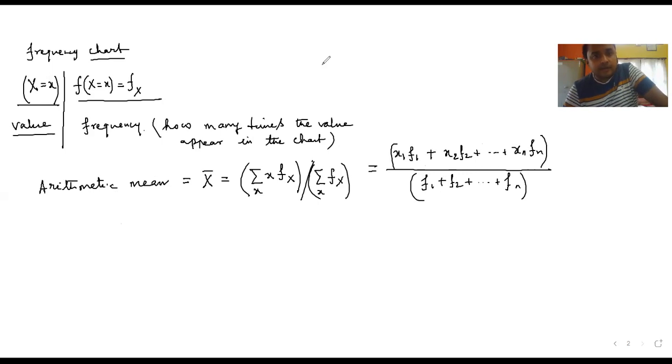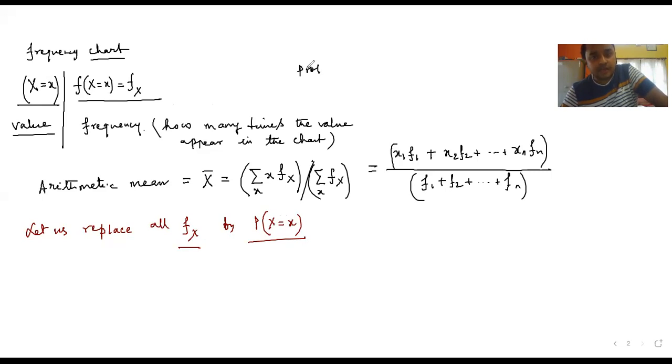Now let us replace all f(x) by P(X equal to x). I am replacing the frequency by probability. So what will happen? I will get a probability chart.